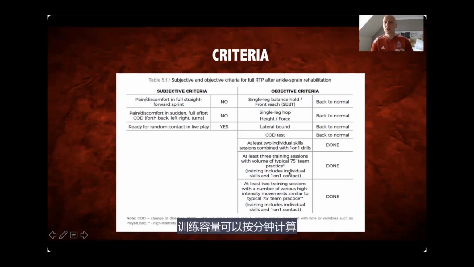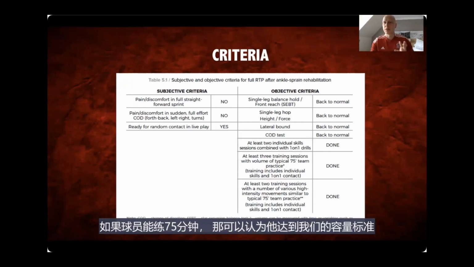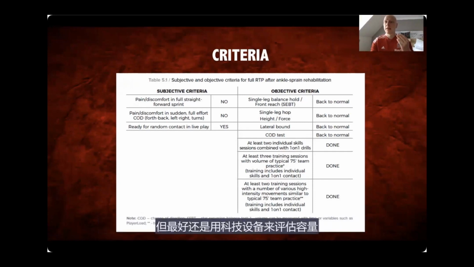Now, of course, volume we can assess by the time. So if player trains for 75 minutes, we can say that he reached the volume that we wanted to achieve. But the best way to assess the volume is through microtechnology.